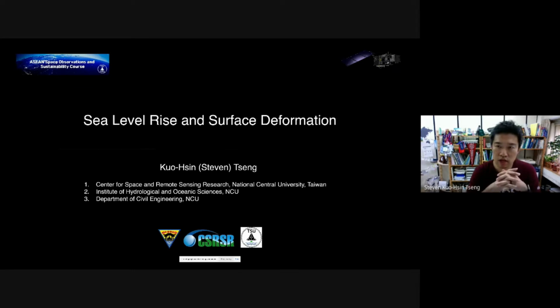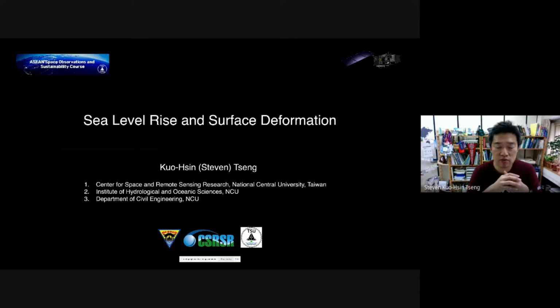As you may have heard, this buzzword, sea level rise, climate change, global warming, has become a very hot topic in the remote sensing and satellite measurement community, because it's a phenomenon that can be well measured and synoptically viewed from space by satellite measurement, especially satellite altimetry technology. So that would be a very typical application of satellite measurement.